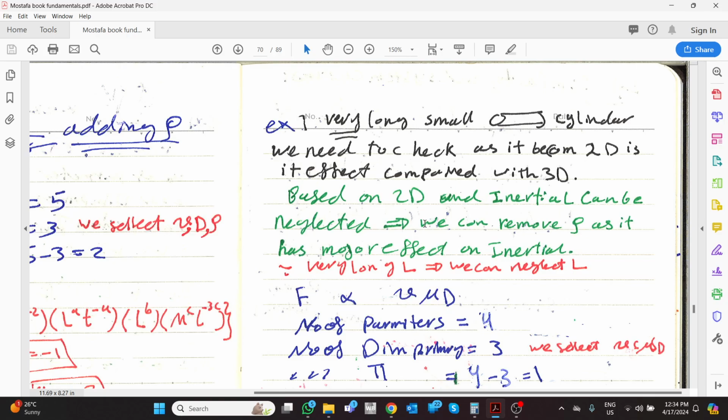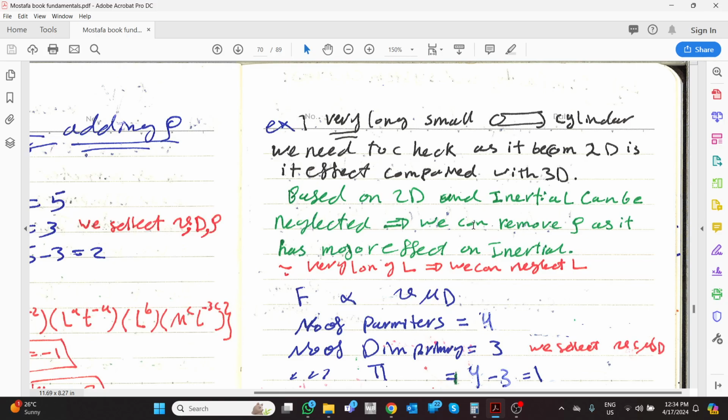Okay, based on 2D, inertia can be neglected. So if it is 2D, the inertia component here can be neglected, which means the drag force is only due to the friction.